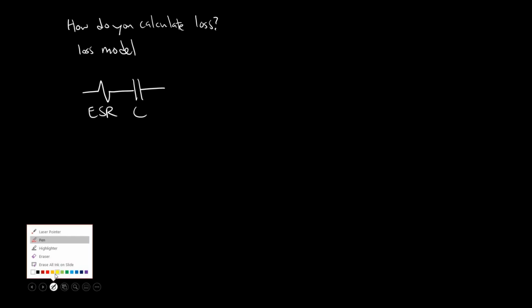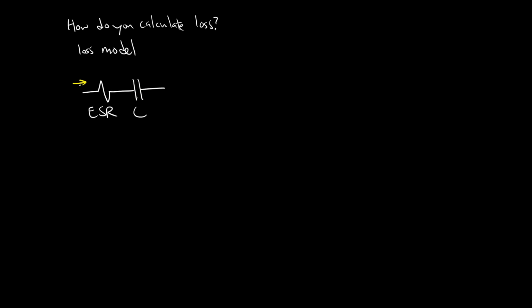So we can imagine some IC of t flows through here, charging up the capacitor and discharging it, and that current passes through this resistance, right? So we can come up with a function, some power loss as a function of time, P loss, and that would be IC of t squared times the ESR.